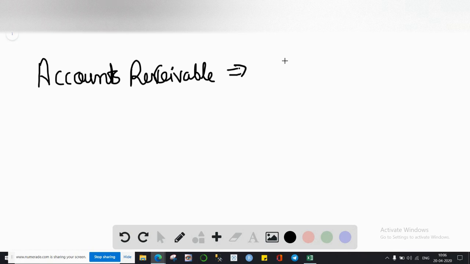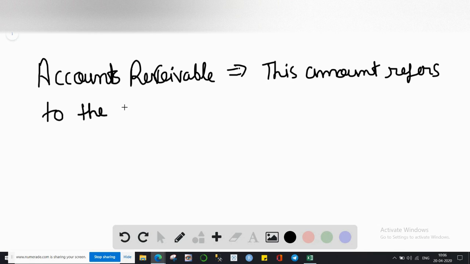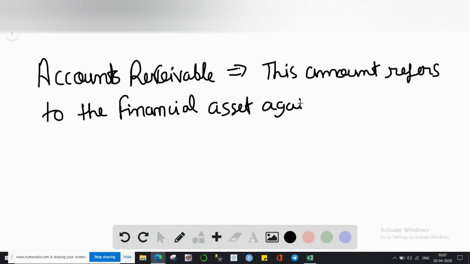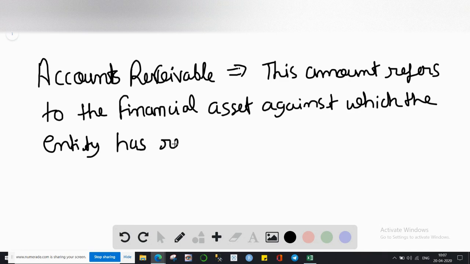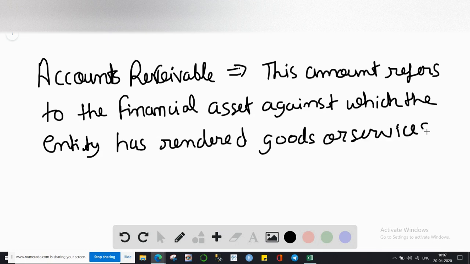Okay, so accounts receivable, this amount refers to a financial asset against which the entity has rendered goods or services to clients.